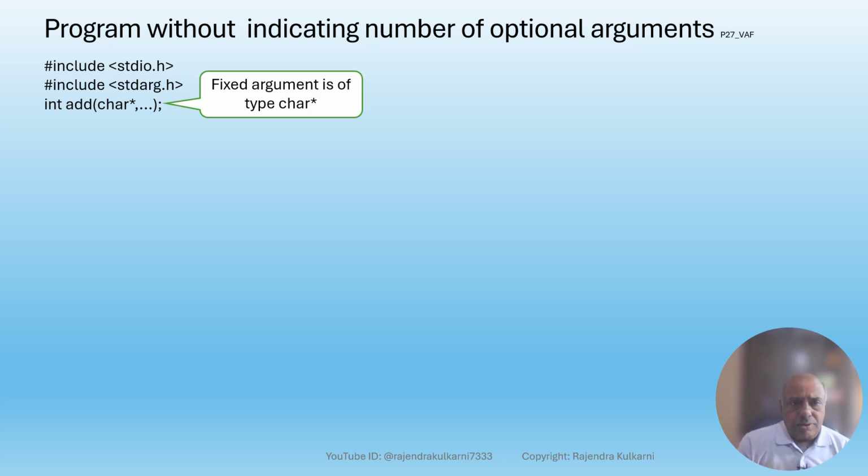Now see in what way I have declared the prototype now. int is the return type, add is the function name, and in the brackets, char star. In the earlier program we used int; here we are using char star, and the other things remain the same, comma and 3 dots.